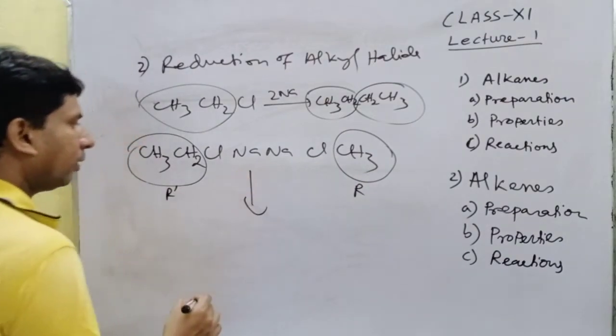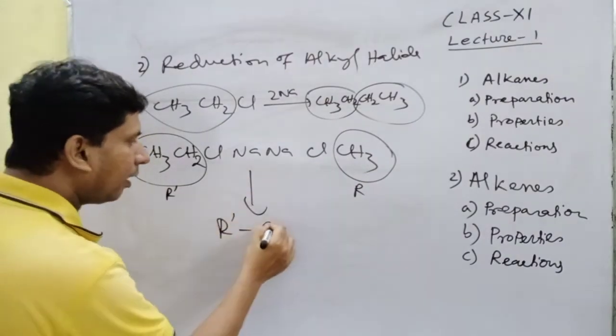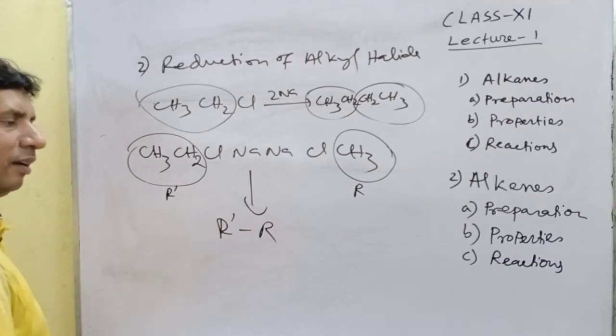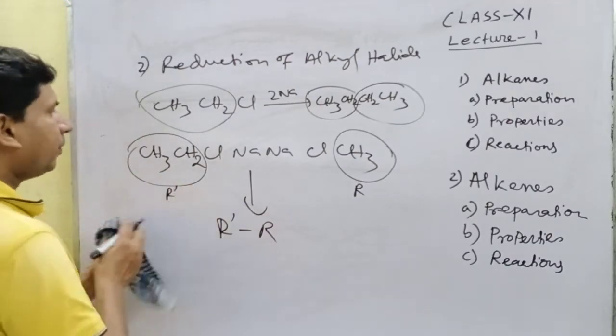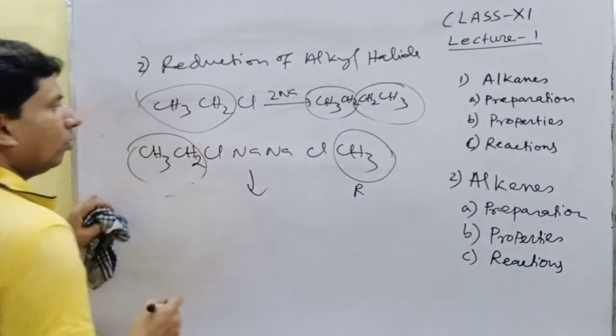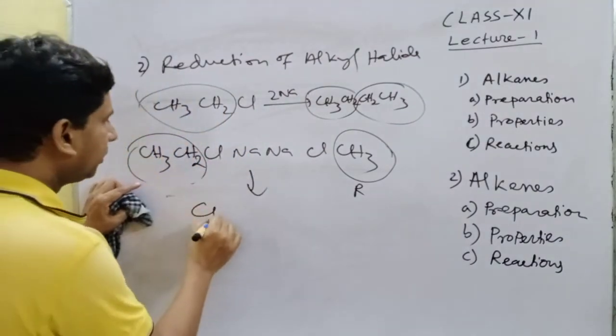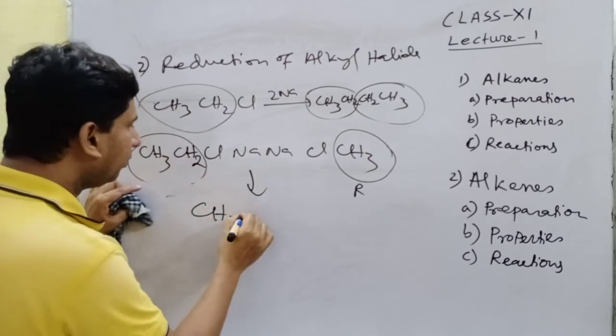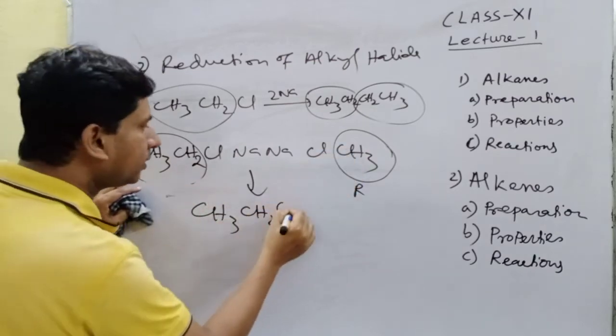Then we should get R dash R. That means actually we should get CH3CH2CH3.